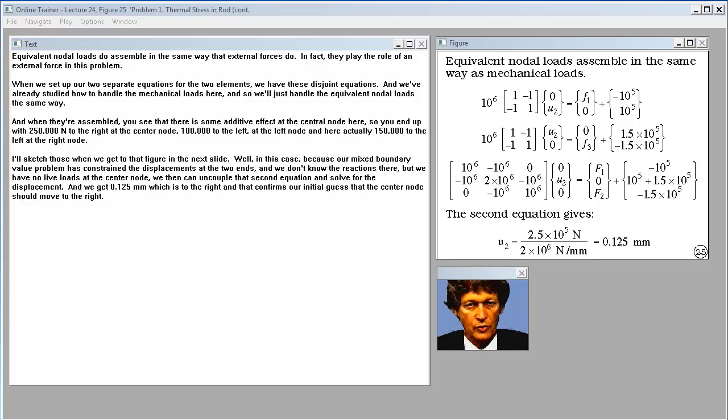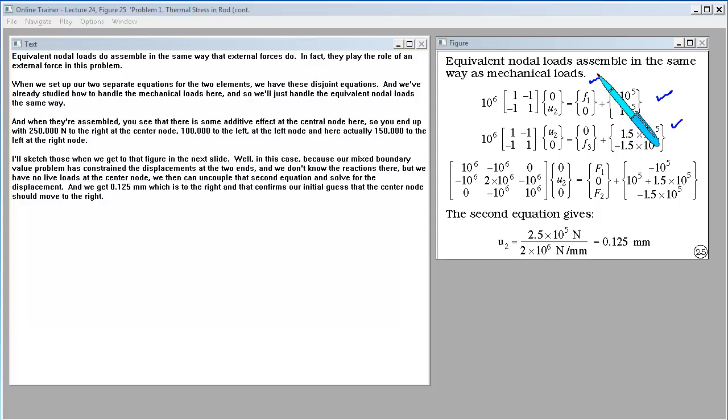Equivalent nodal loads do assemble in the same way that external forces do. In fact, they play the role of an external force in this problem. When we set up our two separate equations for the two elements, we have these disjoint equations, and we already have studied how to handle the mechanical loads here, and so we'll just handle the equivalent nodal loads the same way.